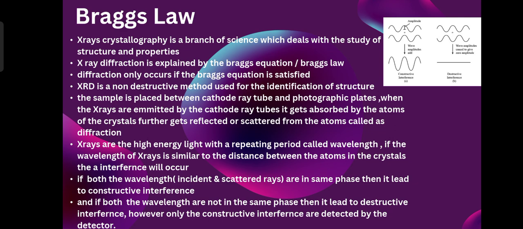These X-rays are high energy light with a repeating period called wavelength, right? We know that X-rays are nothing but radiation or light, and light is represented in the form of waves. These waves can be measured in terms of wavelength. If the wavelength of X-rays is similar to the distance between the atoms in the crystal, then interference will occur.